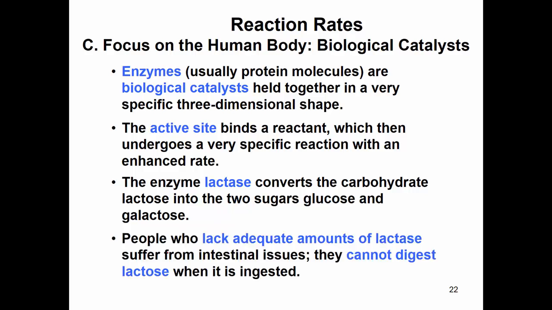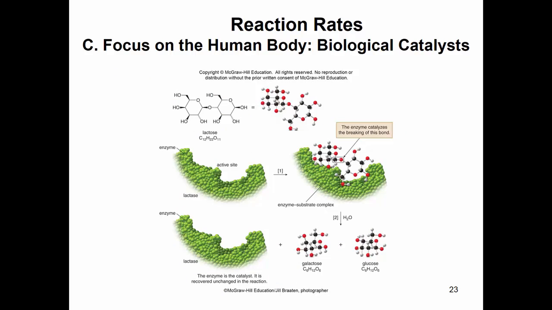People that are lactose intolerant lack adequate amounts of lactase, and so they suffer from intestinal issues because they can't digest lactose, which is obviously from milk and dairy products. This is how it works.